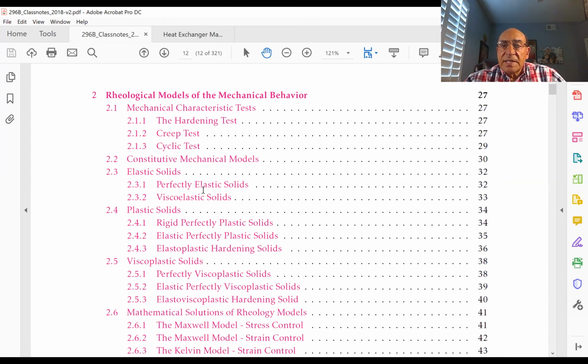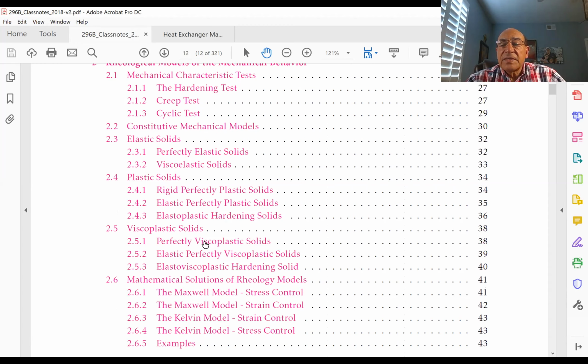And these descriptions are sometimes used in finite element codes or in discussions between designers. Things like perfectly elastic solids, viscoelastic solids, elastic perfectly plastic solids, elastic hardening solid, and so on. There's a variety of those that we will describe and define.